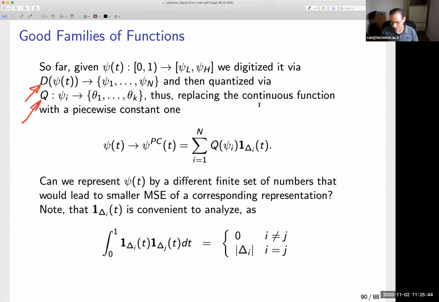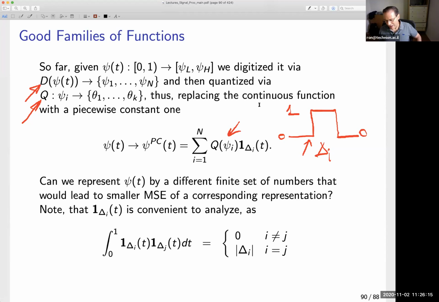These were my 1 functions that were getting 1 along the interval delta I and 0 elsewhere. So this was a way of projecting my functions into the set of piecewise constant functions, where the piecewise constants were not at arbitrary locations, but rather at very specific locations, happening only every delta I or 1/n.